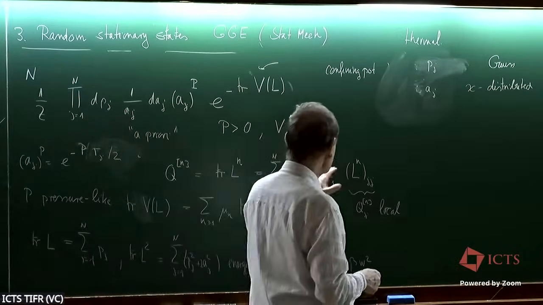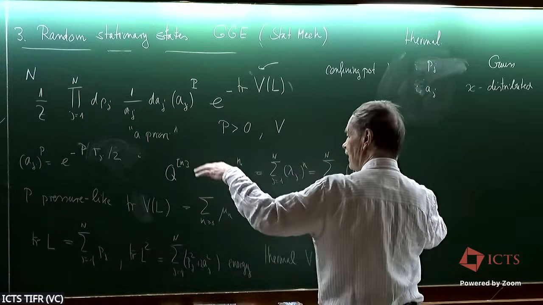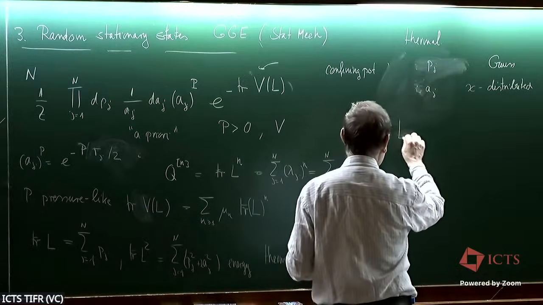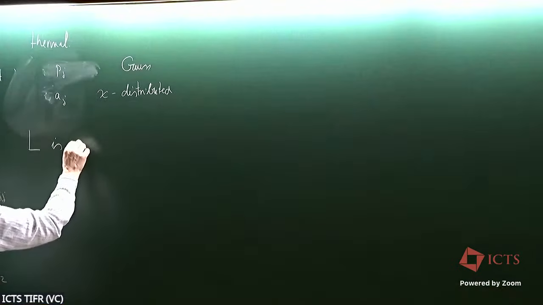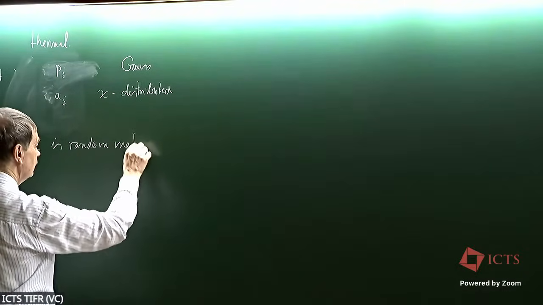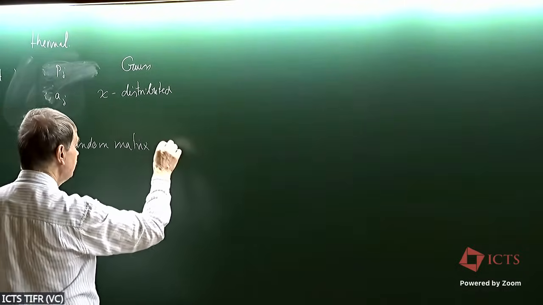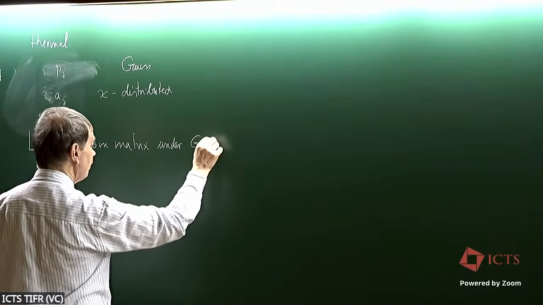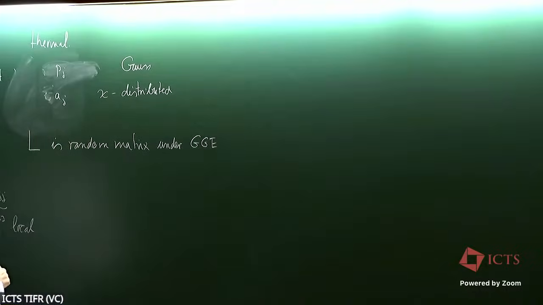And then the other thing, which I somehow said, but want to emphasize, is that L is a random matrix, a very specific random matrix under the GGE. You see, I give myself the pressure and then this confining potential.